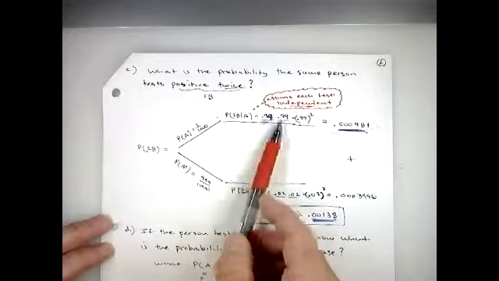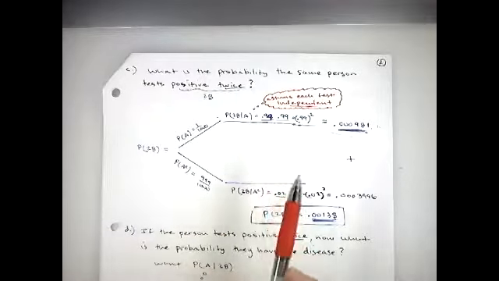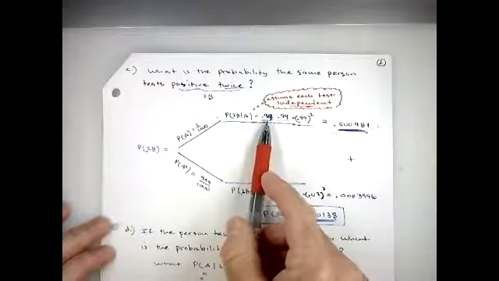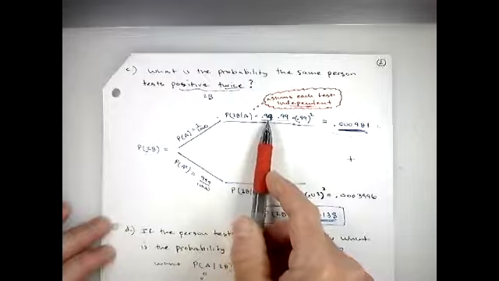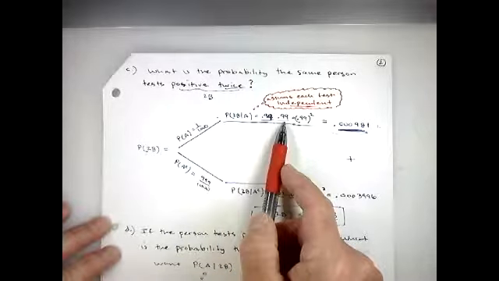This comes back to the idea that the tests are assumed to be independent. The fact that you test positive the first time should not have any effect on the probability that you test positive the second time, which means the probability of testing positive twice is a 99% chance the first time, 99% chance the second time.